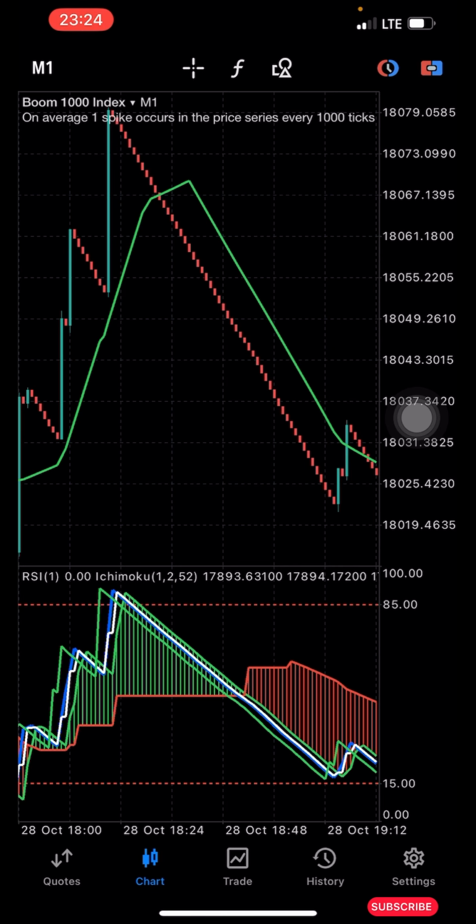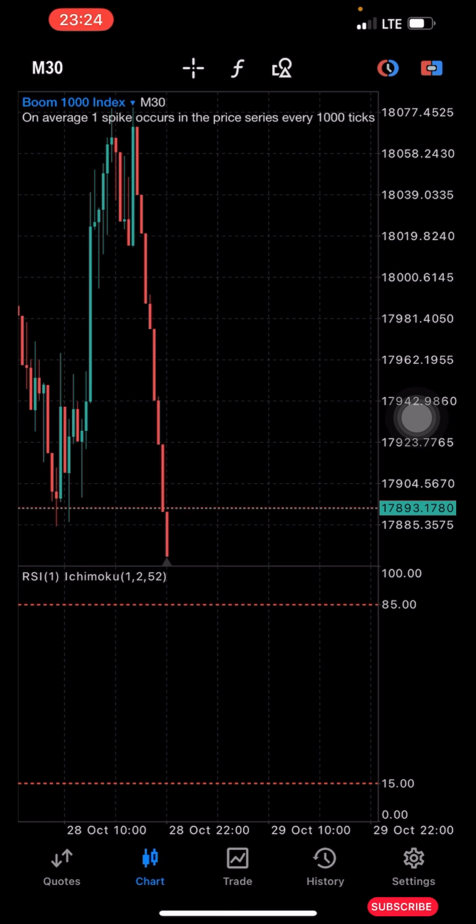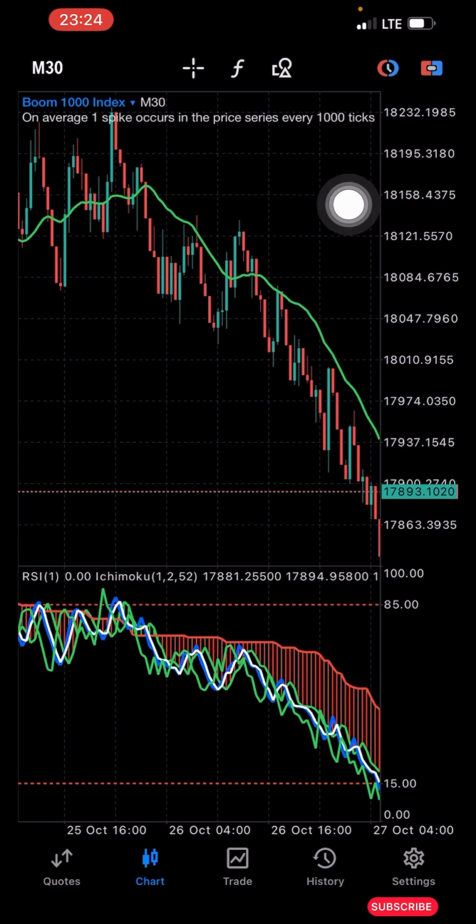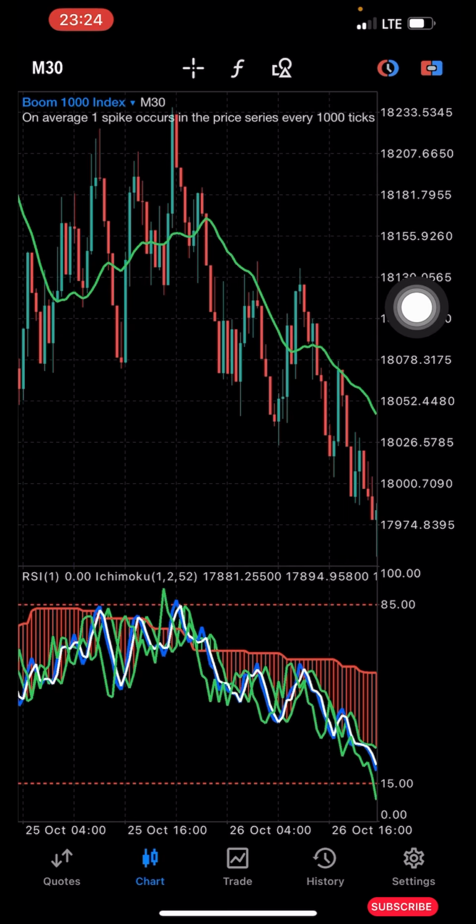Now this is how you have to do it. You go to the 30-minute time frame. Here on the 30-minute time frame, I'll be using this area for the example. This is how you do analysis with this strategy. First of all, you observe the indicator window here.